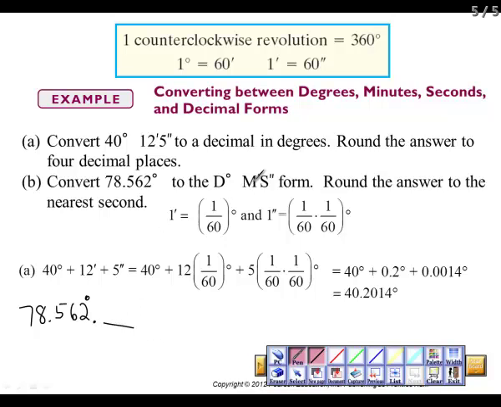We want to come up with the minutes first. So we want to ask ourselves, what are we going to put in the denominator so that we can cancel the degree units out? We're going to put the 1 degree or the 60 minutes.